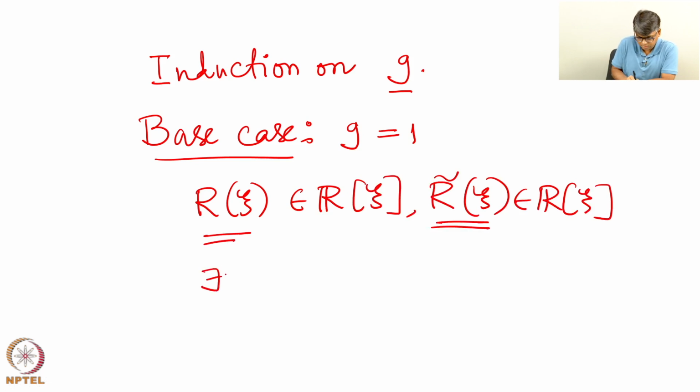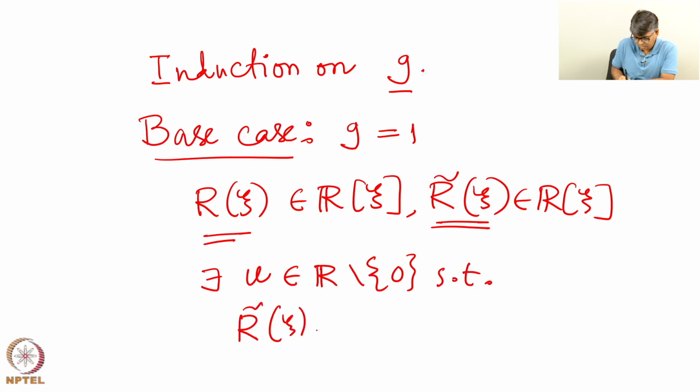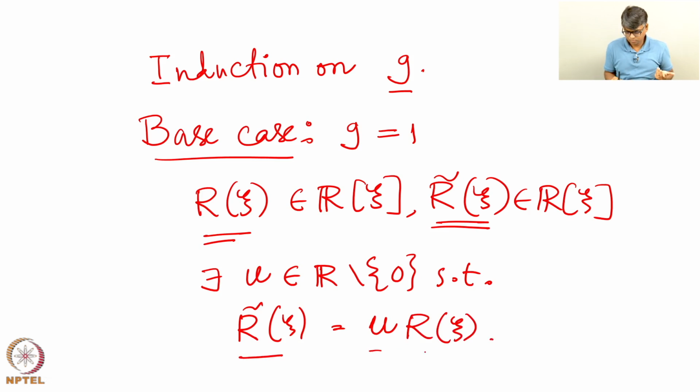That means there exists a number u, a non-zero real number, such that R tilde psi is equal to u times R psi. We have seen that the two modules are the same.